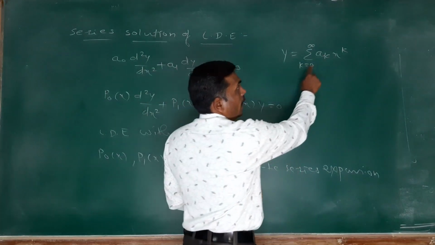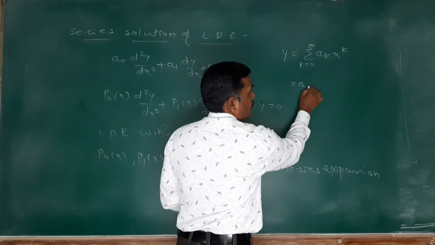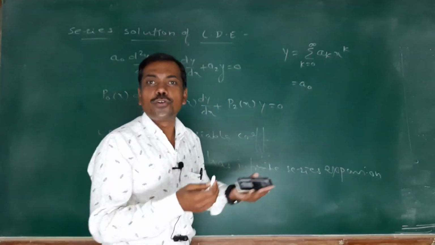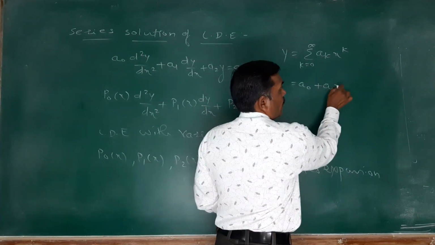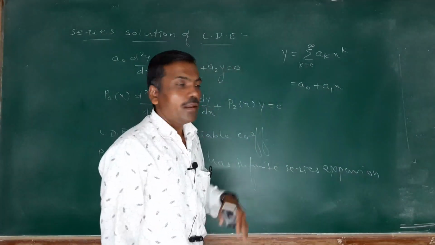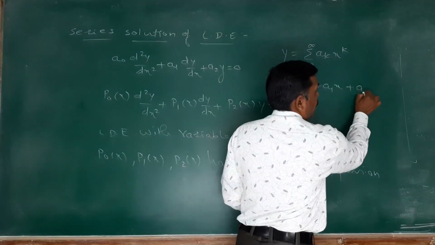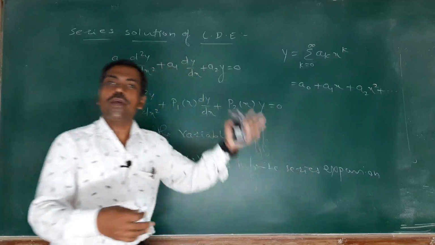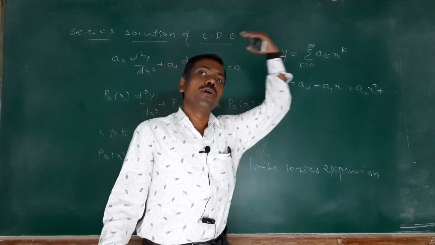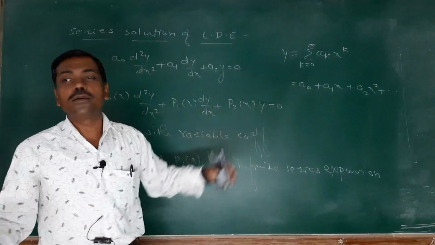If I write k equal to 0, I get a0, x raised to 0 is 1. Next k equal to 1, I get a1 x. Next a2 x square plus a3 x cube, a4 x raised to 4, a5 x raised to 5 plus dot dot dot. Infinite terms are there.